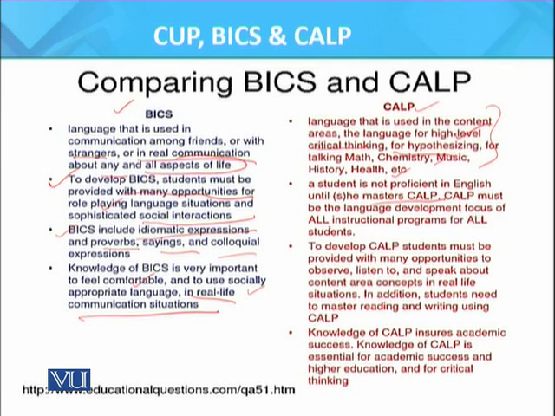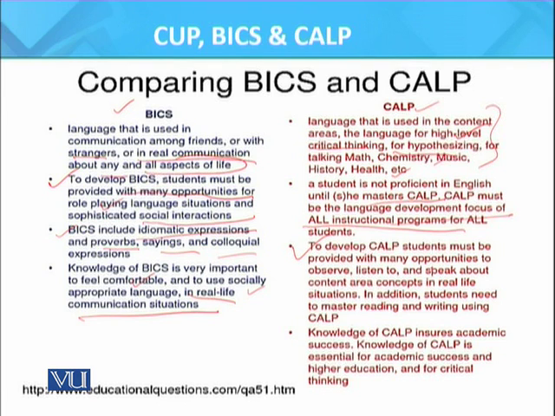So this must be the language development focus of all instructional programs. According to Cummins, this should be the focus of all teachers and curriculum development, that they should enable learners to have this particular proficiency, cognitive academic language proficiency, in order to be proficient in a second language.